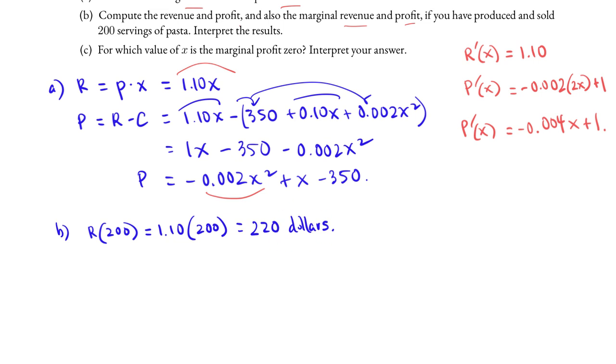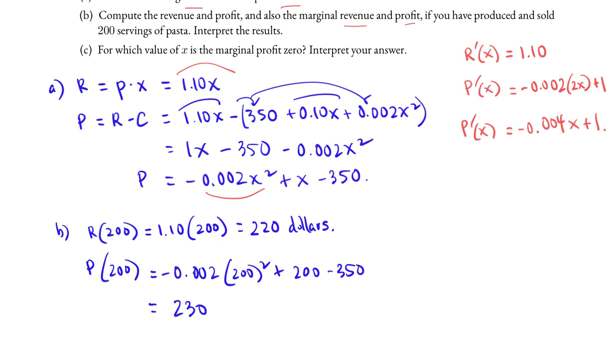Now, the profit is P of 200, which is negative 0.002 times 200 squared plus 200 minus 350. Here, we simply plugged in 200 into the profit function. Evaluating this, we get negative 230.